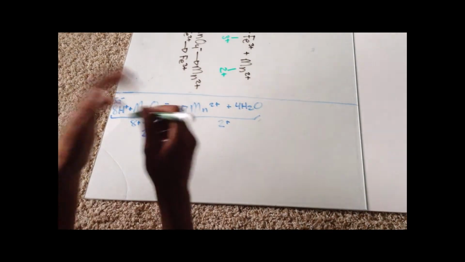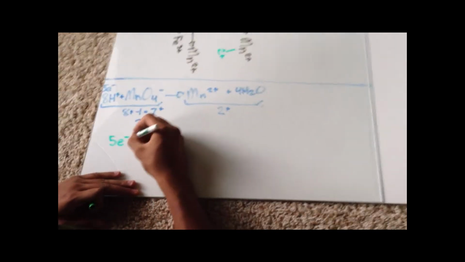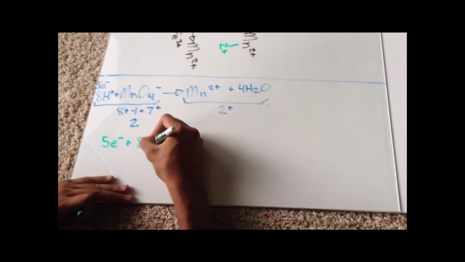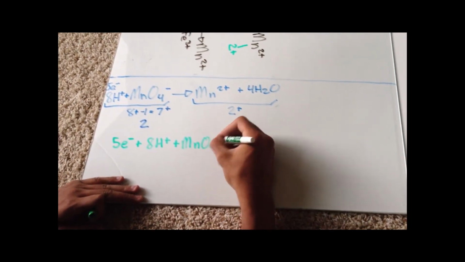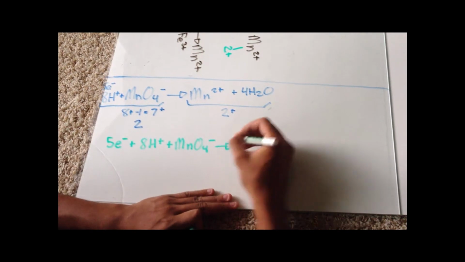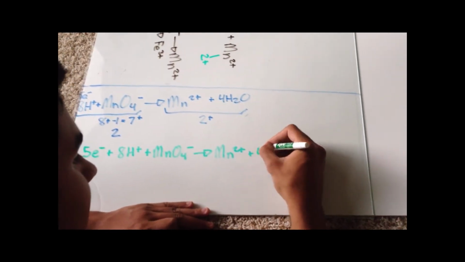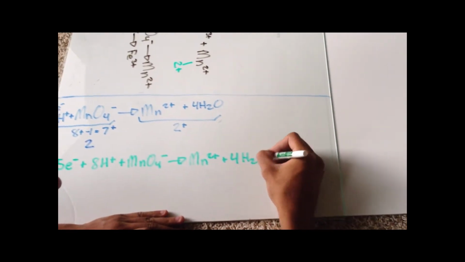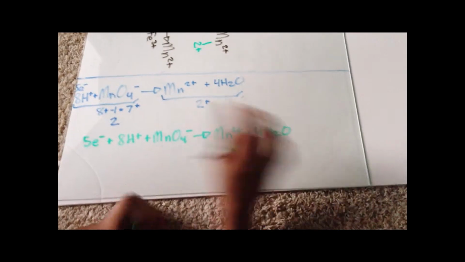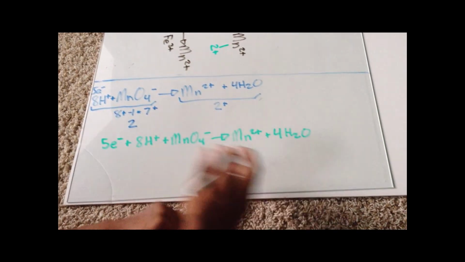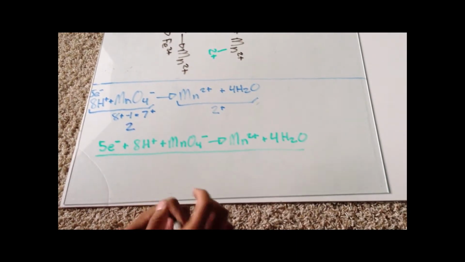So it'd be 5 electrons on this side. All I did here was just rewrite it. I didn't add anything, I just rewrote it. So this is one of the half reactions.